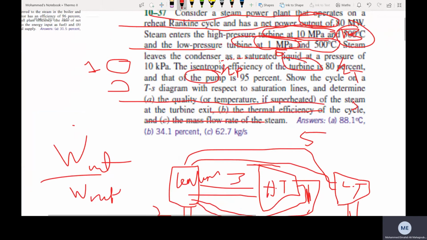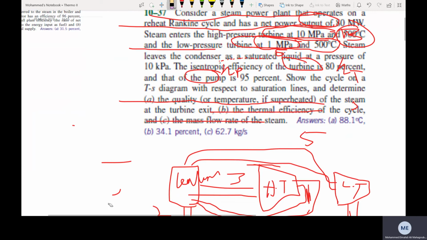Here, let me draw these points on the TS diagram for you. So this is point 3, going down to point 4. Of course, it's not going to hit this if we went isentropically. I have some deviation here, so I'll go to this 4S, and this is 4A, the one that I want to find.